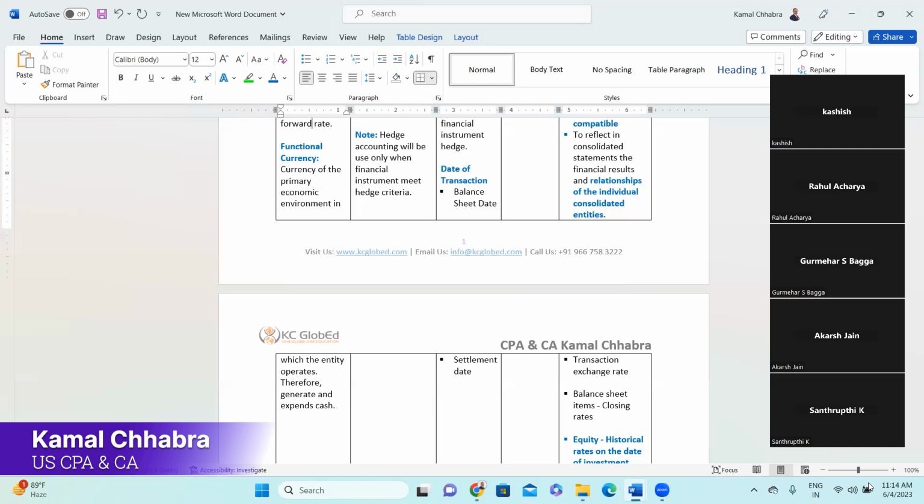It is the currency of the primary economic environment in which the entity operates, and therefore generates and expends cash.